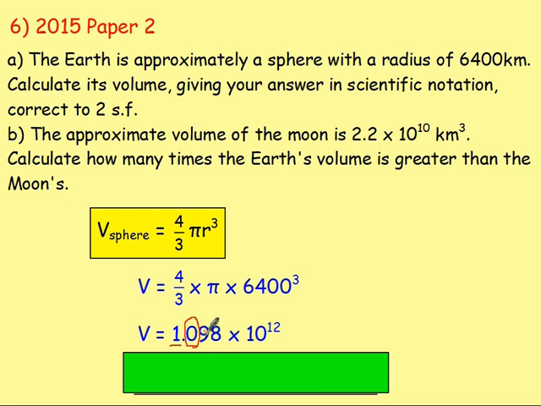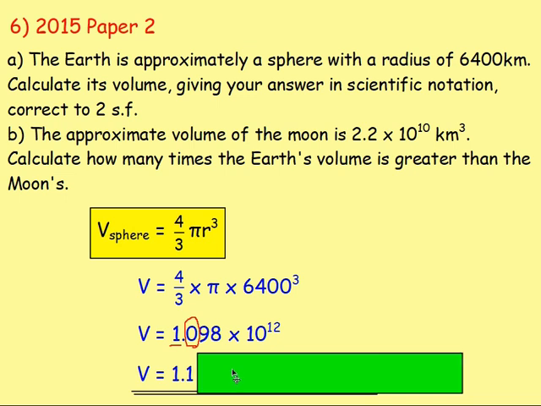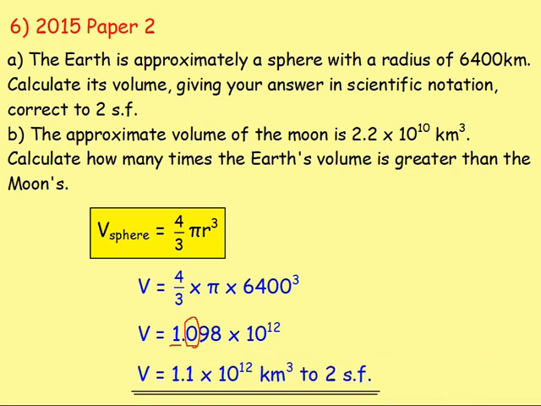Good, because the number after is a 9, so that 0 changes up to a 1, so we'd have 1.1 to 2 significant figures. But make sure you keep that times 10 to the power of 12. And the units this time would be cubic kilometers. It is indeed good. So the volume of the Earth is 1.1 times 10 to the power of 12 cubic kilometers, correct to 2 significant figures.